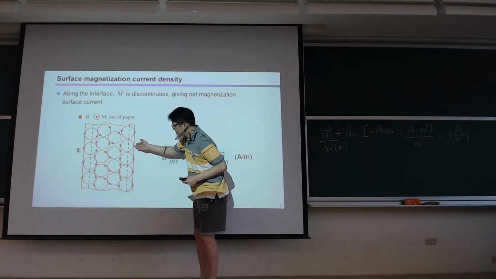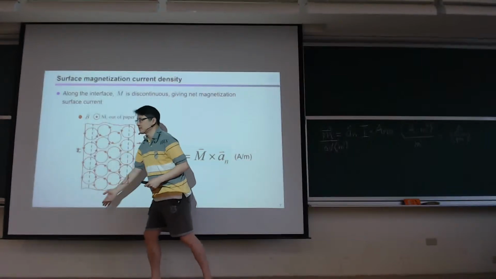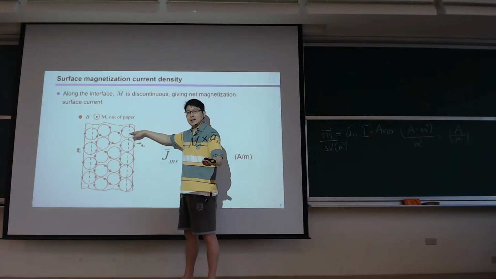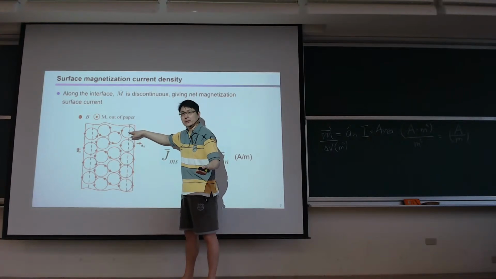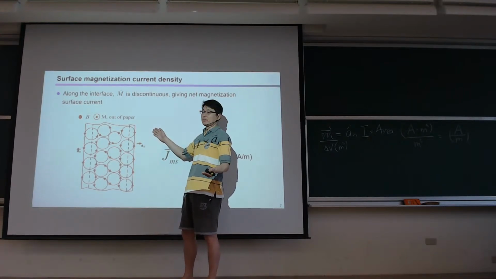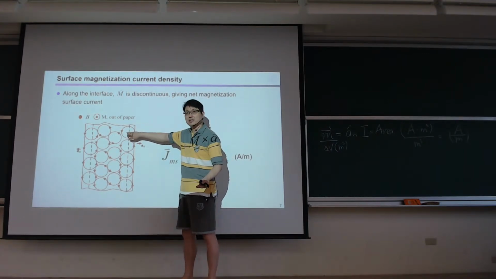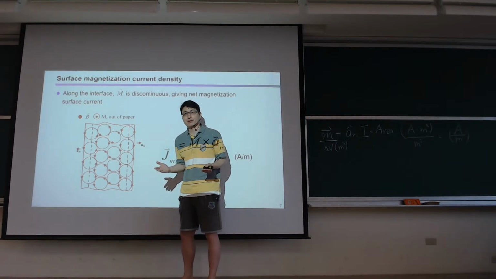So only at the surface, at the interface, where you have magnetic dipoles inside the material and not outside, right? Here you have no magnetic dipoles, but here inside you do have them.